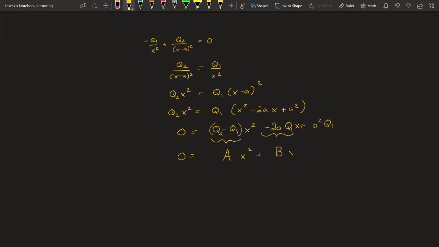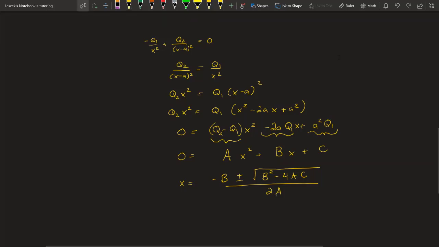And according to the quadratic formula, I'll just write down the quadratic formula, and then you can plug and play here. Plug in the numbers, since you know q1, q2, and lowercase a. And again, the formula might give us two values of x, but only one of them will make sense in the context of the problem.